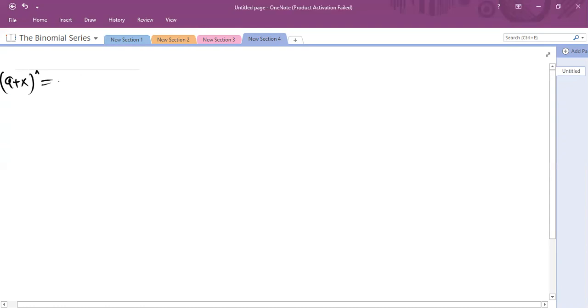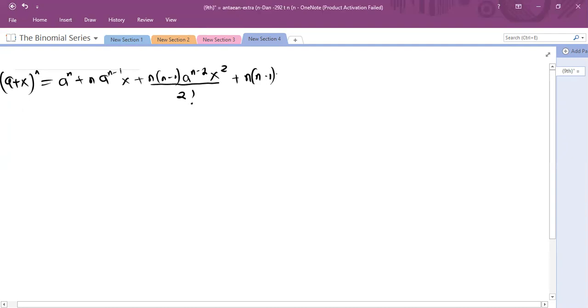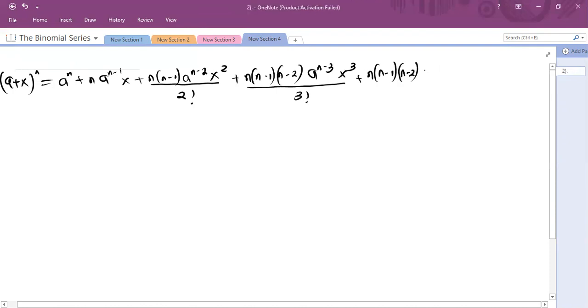This is the binomial theorem formula: a^n + n a^(n-1) x + n(n-1) a^(n-2) x^2 / 2 factorial + n(n-1)(n-2) a^(n-3) x^3 / 3 factorial + n(n-1)(n-2)(n-3) a^(n-4) x^4 / 4 factorial.